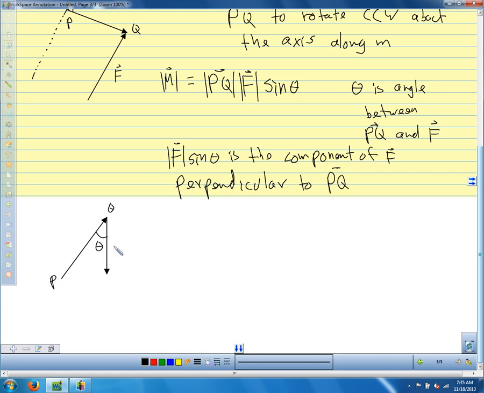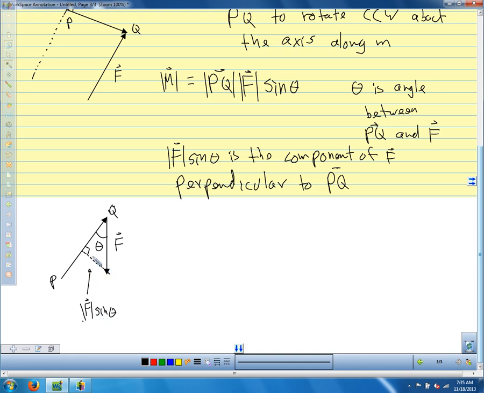There's PQ, there's F, and this piece here, with this being a 90-degree angle, is the magnitude of F times the sine of theta. So only the component of F perpendicular to PQ produces torque. So that's why we have this F sine theta.